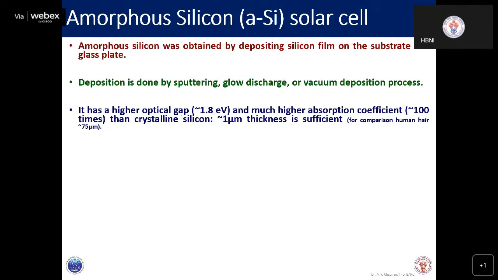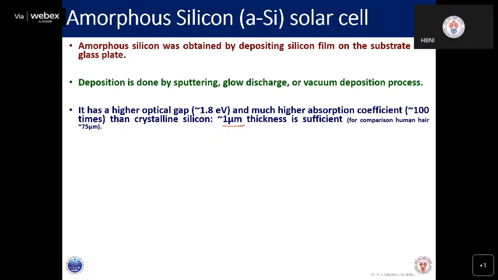It has a higher optical gap of about 1.8 electron volt compared to crystalline silicon, which has 1.1 electron volt. And it has a very high absorption coefficient, about 100 times higher. If you want to compare the thickness, this is a solar cell of about 1 micron thickness.